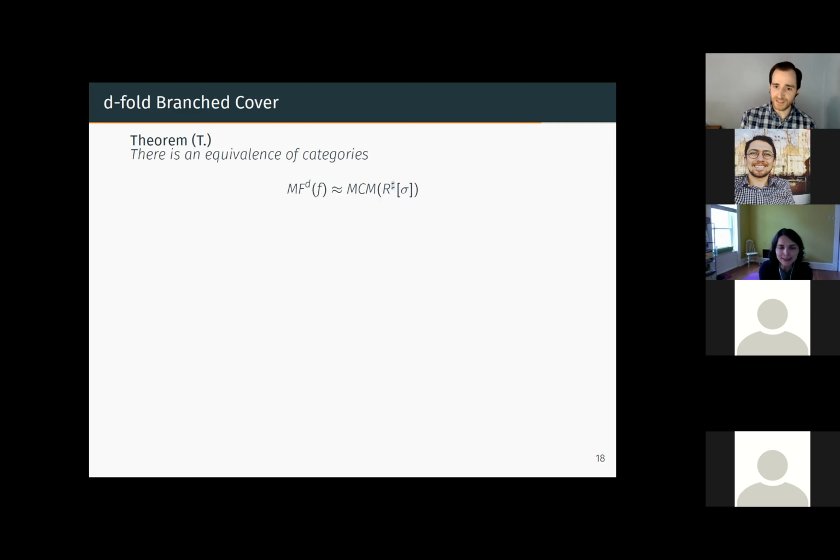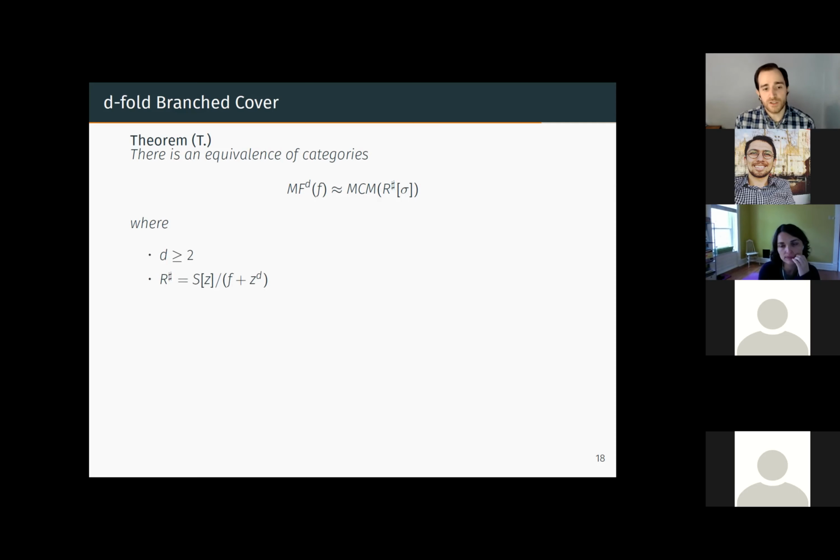So it looks exactly the same, except the meanings have changed slightly. So let me explain that. So now d is bigger than or equal to 2, like I was saying. This will collapse onto Knörrer's original result, so it works when d equals 2.